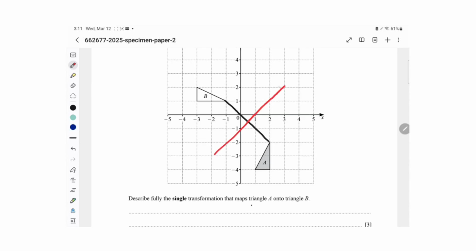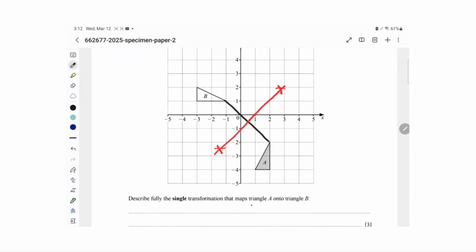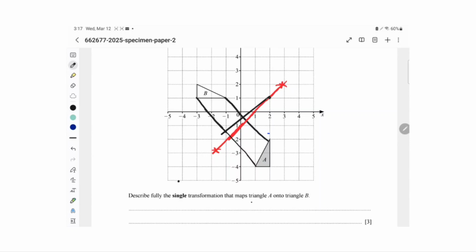Now the second one: join the corresponding points of any one of them. Here it will be the center, because 2.5 and 2.5. Drawing the perpendicular bisector of this one, both perpendicular bisectors are meeting at 2,1.